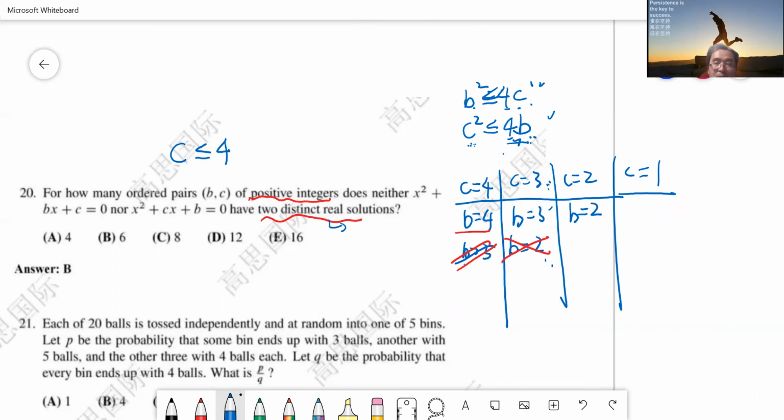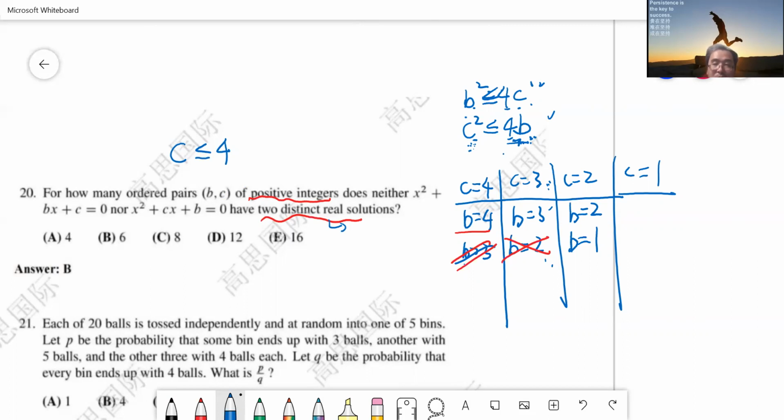That's true. Then 2 squared smaller than 4 times 2, that's also true. Then look at b equal to 1. So c, 2 squared, smaller than 4 times 1. That's true. Then b squared, 1 squared, smaller than 4 times 2. That's also true. This is good.